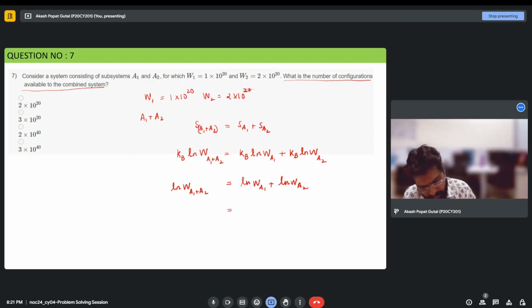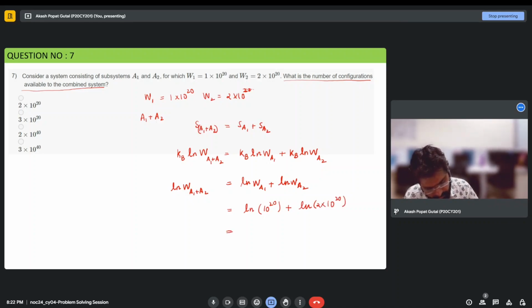So you put these values, which will give the natural log of 10 raised to 20 plus natural log of 2 cross 10 raised to 20.